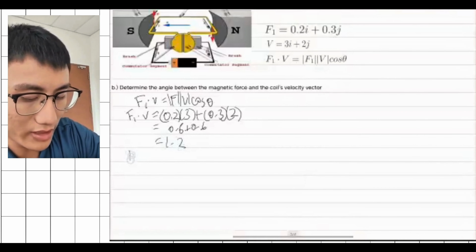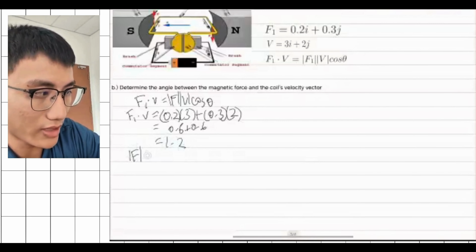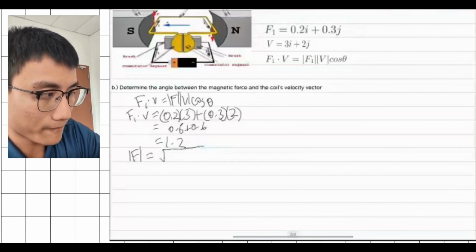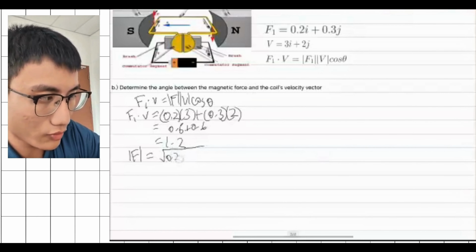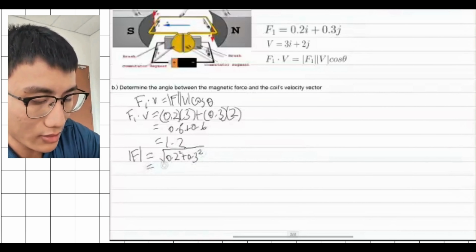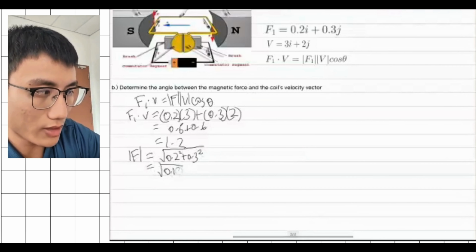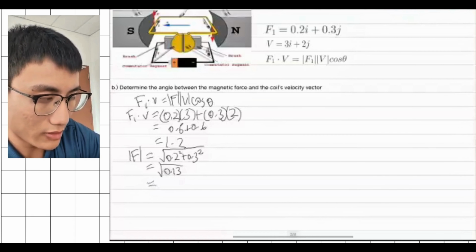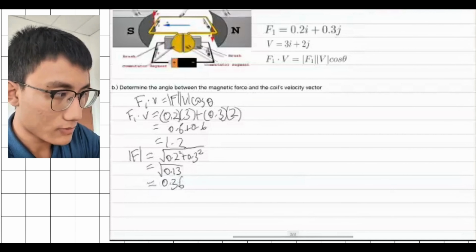Now let us find the modulus of F, which is the square root of 0.2 squared plus 0.3 squared, and we will get 0.13. If we calculate it, we will get 0.36.